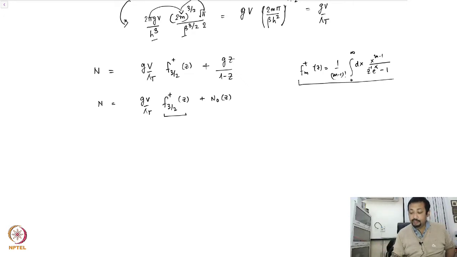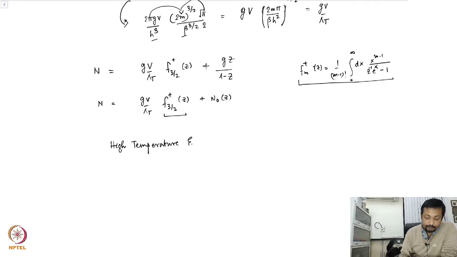Now this is a very complicated function, and usually its representation in terms of simple functions is not possible. But we do know the high temperature expansion of this. The high temperature expansion gives us F m plus of z, which was 1 over m minus 1 factorial.